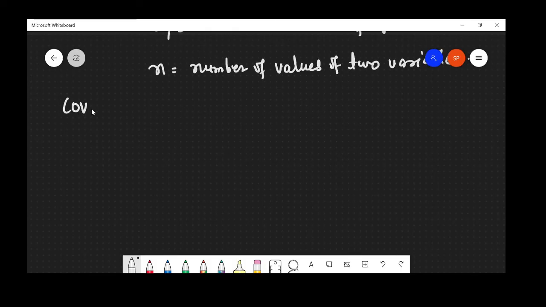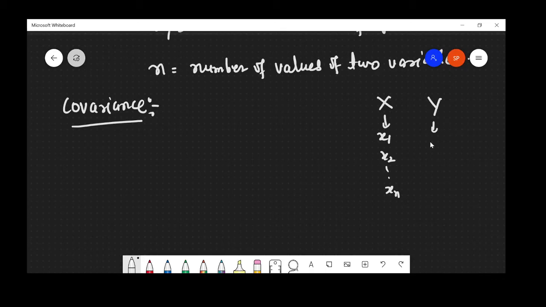And now we go to the covariance term. Suppose x and y are two random variables, two series are given, and the x random variable contains the values x1, x2, up to xn. Here the variable y also contains y1, y2, up to yn. This is a pairwise distribution, given as the ordered pairs x1, y1, x2, y2, up to xn, yn.